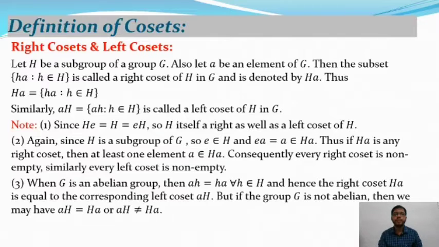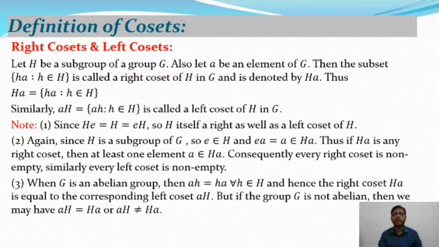Similarly, the left coset of H in G is denoted by aH and is defined as a into h, where a is an element in G and h is an element in H, so that h belongs to H, and this is called the left coset of H in G.